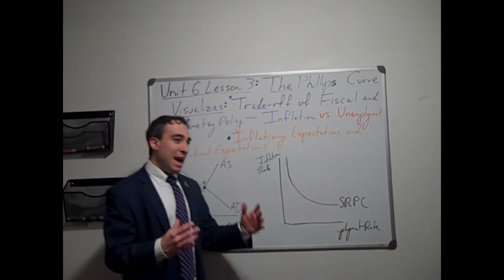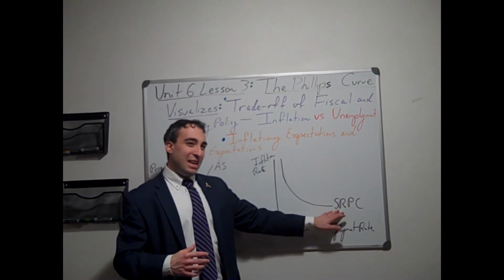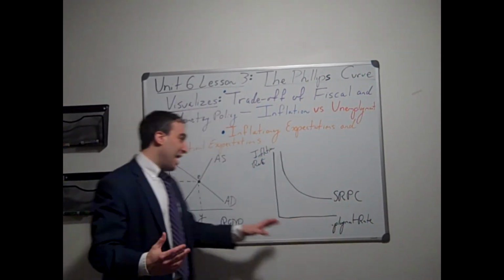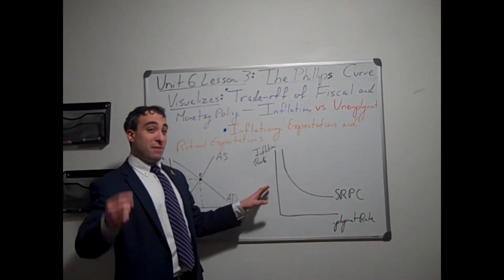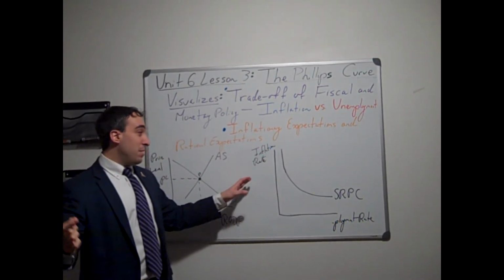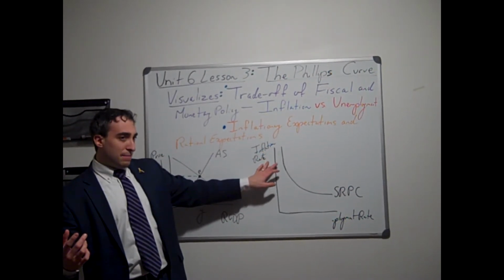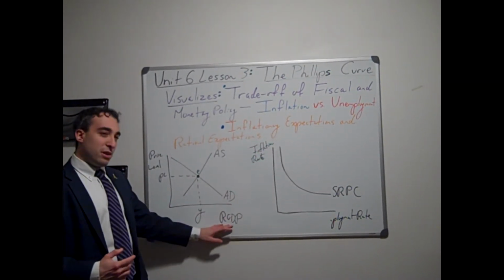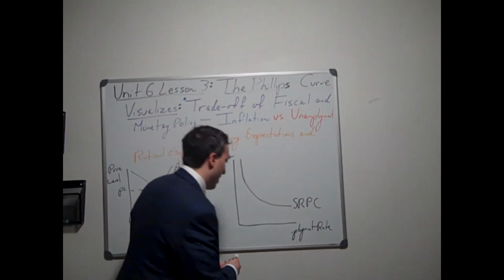If we take a look at the axes of the short-run Phillips curve, the short-run Phillips curve is essentially the aggregate demand curve, but for just slightly different but very important parameters. We still have price level and inflation rate, essentially the same thing. And instead of real GDP, we have the unemployment rate.